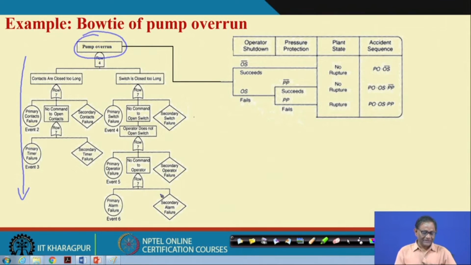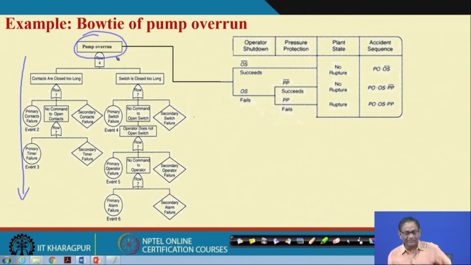Now if pump overrun is my top event, then the overpressure condition will arise, and to arrest the overpressure, or bring the overpressure situation back to normalcy, there are different protection measures. Like an alarm; the alarm should work, then the operator should work.